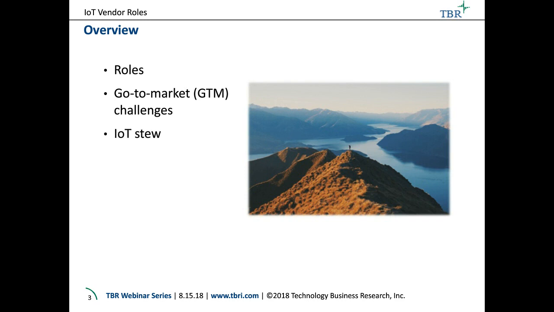The IoT stew is the term we've used before, has to do with the fact that almost all IoT solutions are a combination of various different pieces from different vendors. The ecosystem, which is the mesh of vendors of all these different pieces that go into IoT solutions, a much broader and more diverse ecosystem than is typical in IT. And then finally, the implications for the vendor of the various roles.